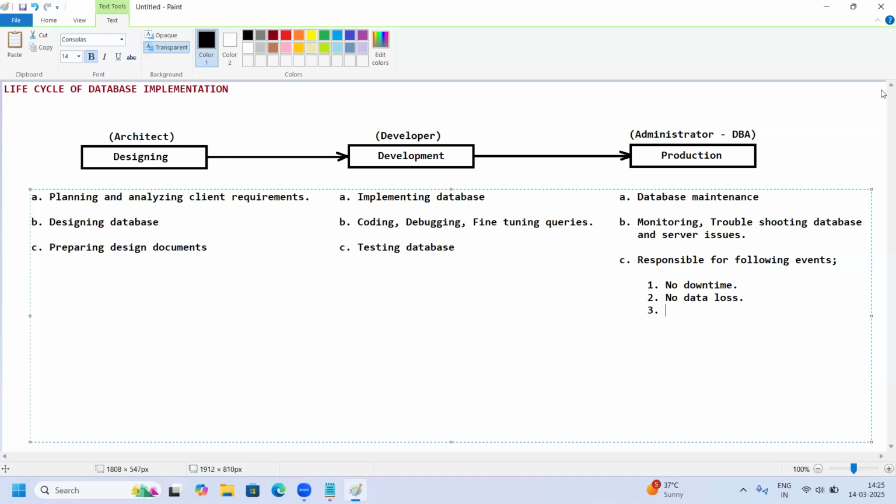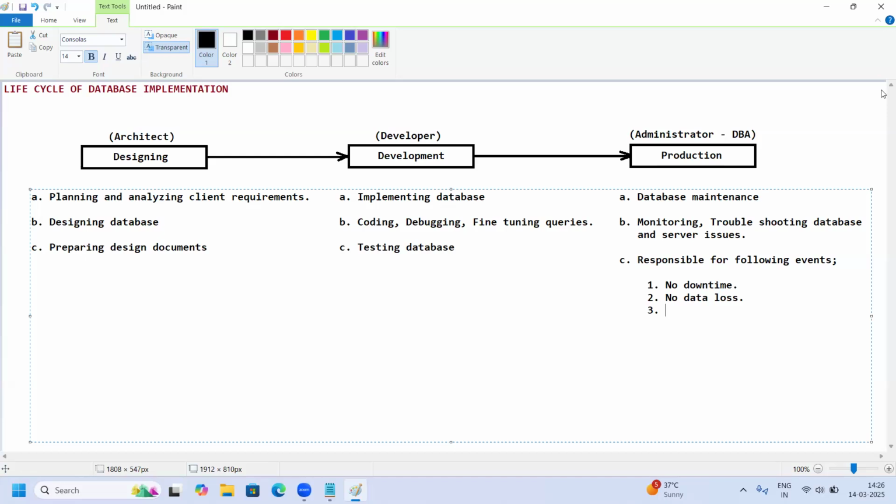Whatever the developer stores, whatever coding the developer has done, nothing of that information should be lost. Because coding will not be 1-2 lines or 10-15 lines. Coding will be thousands of lines of code. The developer cannot do that activity again and again, what he has written in thousands of lines of code.